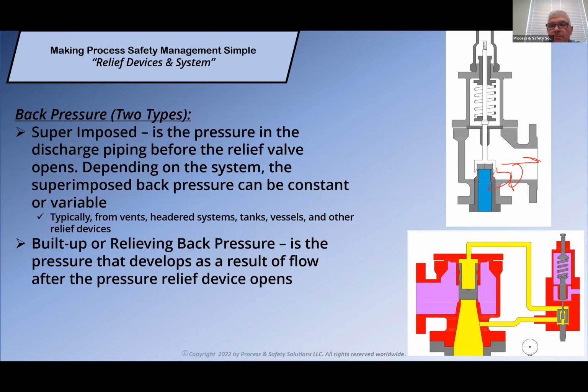That is built up back pressure, and that built up back pressure has limits as well. And those limits we have to address as part of our design problem. So keep in mind 2 back pressures. One is the back pressure from other devices and other things like vents, from your headers, from your knockout drum, or even from your flare system, etc.